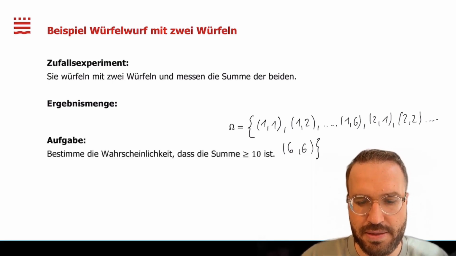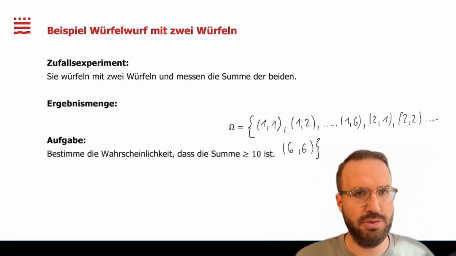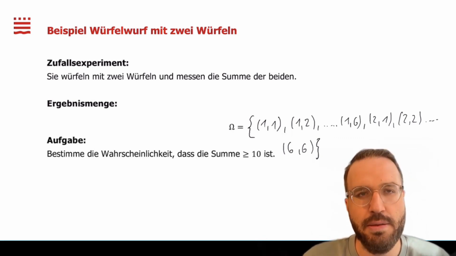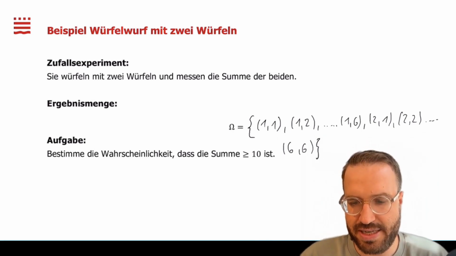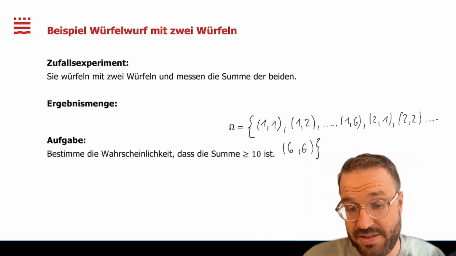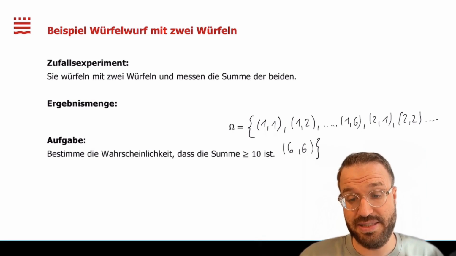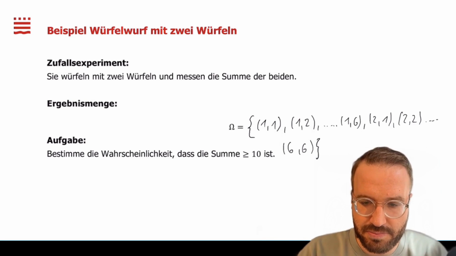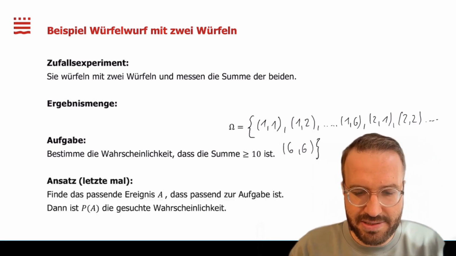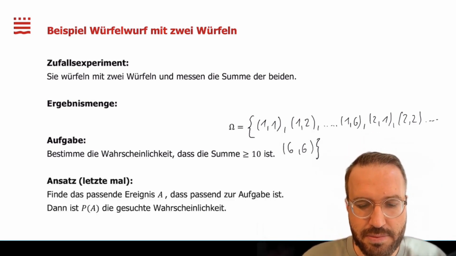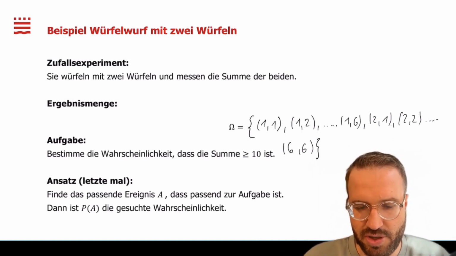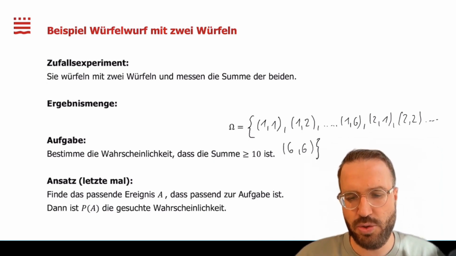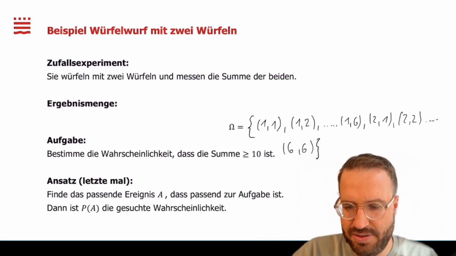And now imagine the following situation. You might have a game where the goal is to determine a sum of the dice that is greater than or equal to 10. And I now give you the task of determining the probability that the sum of the dice is greater than or equal to 10. And if we do it the same way as last time, then we will do the following. We are now looking for the event that describes the sum greater than or equal to 10. Let's do that.